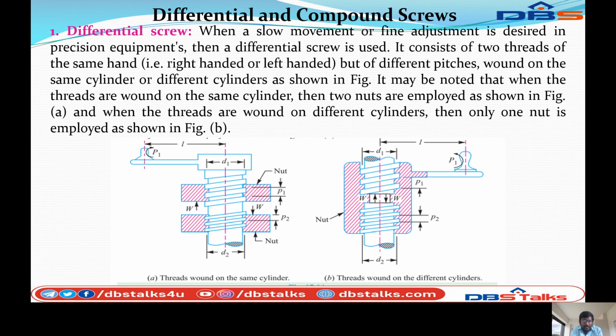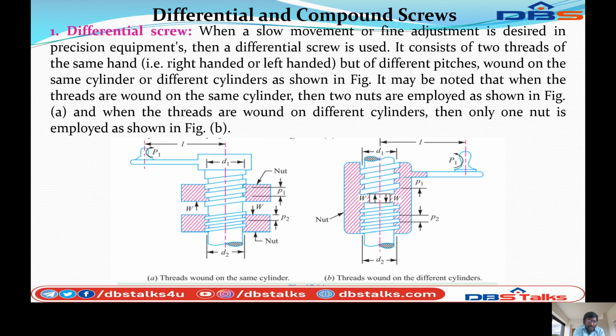Weight W is applied from both sides, top and bottom, and L is the distance from the center line to the end of the handle, with total length L1. P rotates the screw clockwise. When rotating the screw, the thread will move up and down.